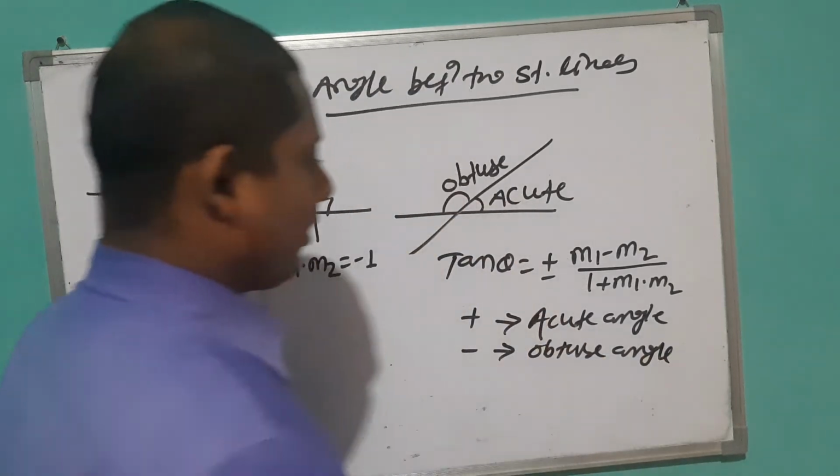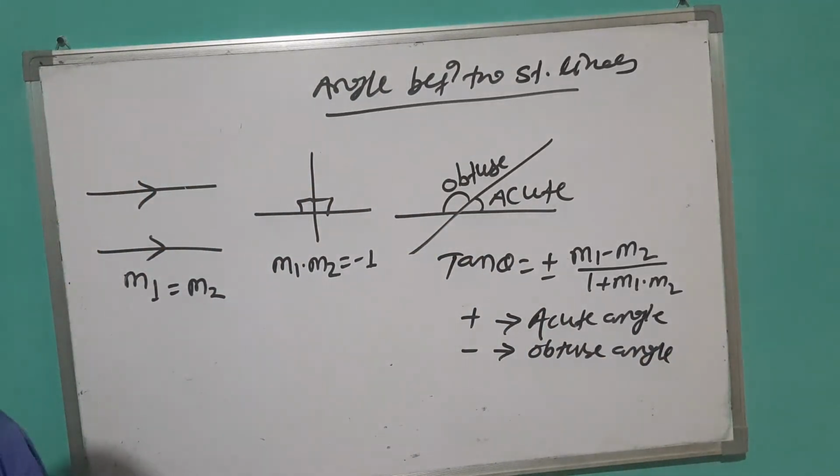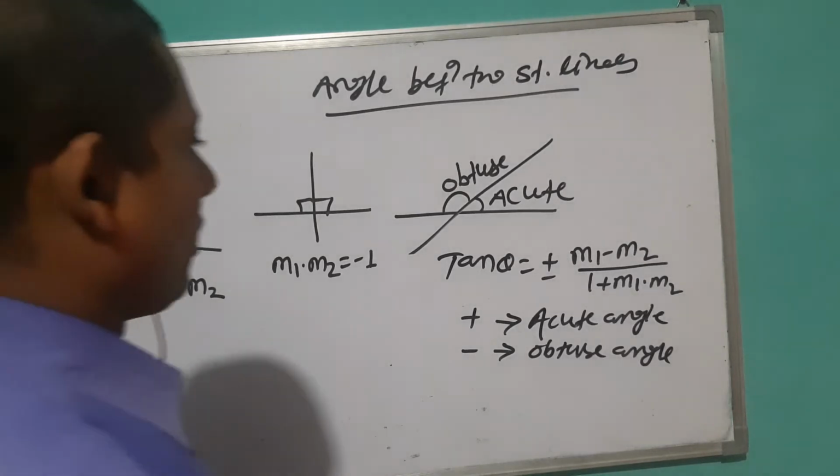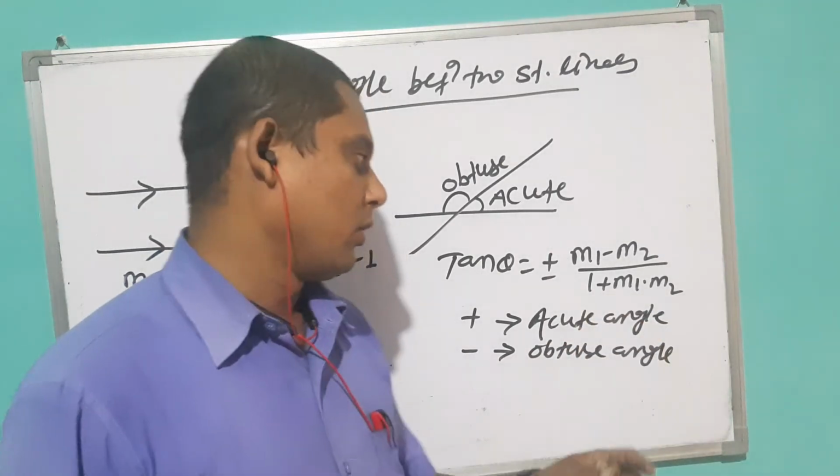Later on I will prove these three conditions also, because it is important for SEE. How did M1 equal to M2 come about, and how is M1 into M2 equal to minus 1 possible? Similarly, tan theta is equal to plus minus M1 minus M2 by 1 plus M1 into M2, how did it come about?